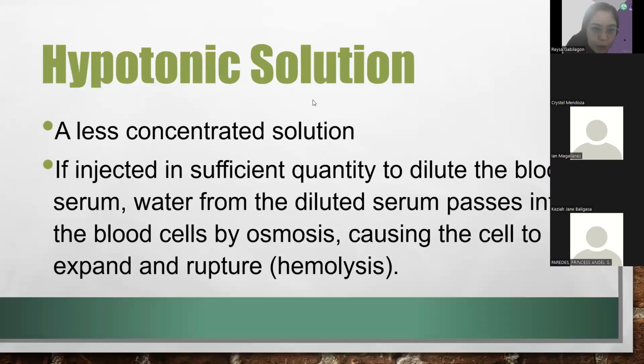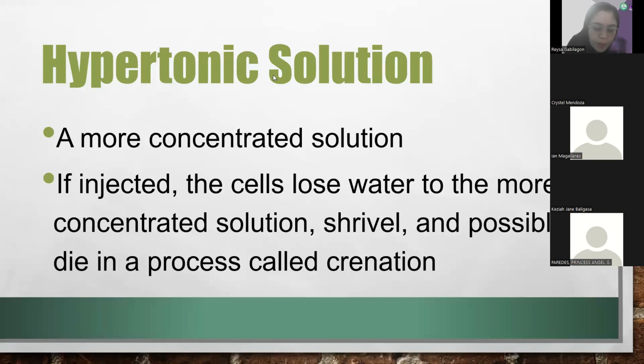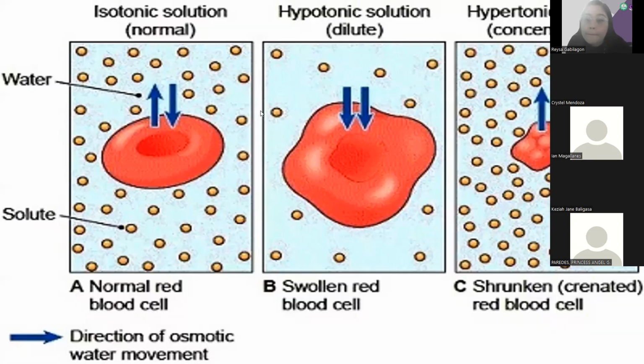Now, another one, kapag hypertonic solution naman ang i-inject natin, which is a more concentrated solution, baliktad, there will still be osmosis, but this time, since maraming solute yung nasa labas ng red blood cell kasi nag-inject tayo ng hypertonic solution, the movement will be from inside to the outside, okay? From inside of the cell, the water will go out kasi maraming solute na kailangang i-dilute sa labas. So ayun na yung mangyayari.